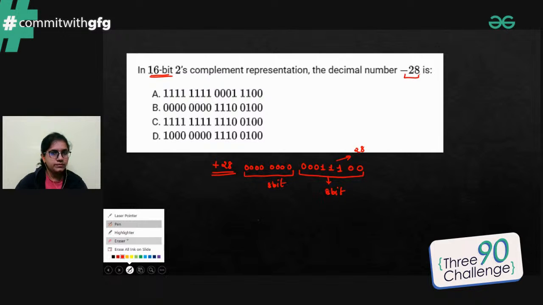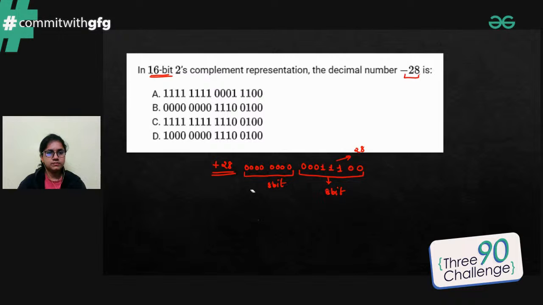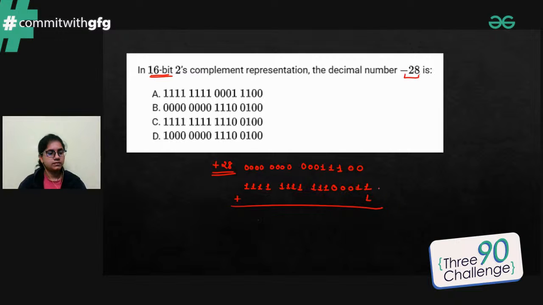Now what we will do is take the complement of this. So let's do the complement. This will be 1 1 1 1, then 1 1 1 and so on, and then we add plus 1 here.